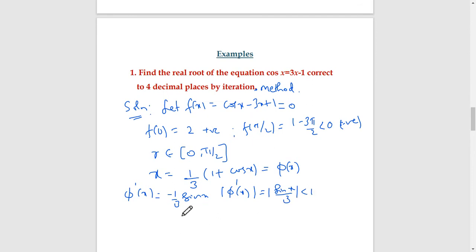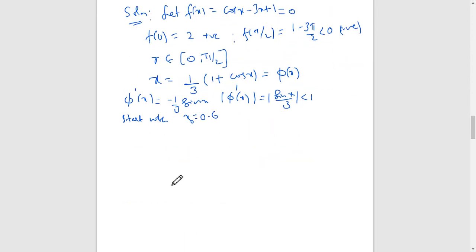Therefore all conditions are satisfied, so start the initial approximation with x naught equal to 0.6. Then we have x1 is equal to phi of x naught.